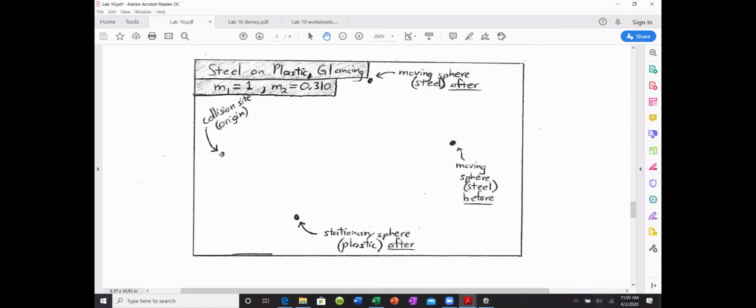So this is where the collision occurred. This is like the origin. If there had been no collision, the steel sphere would have gone and landed right here. But with the collision, we have the steel sphere kick to the left or to the top of the sheet and land there, and the plastic sphere kick to the right and land over here.